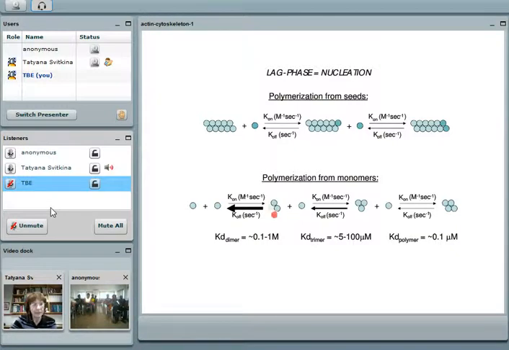Yet there is some probability that this dimer encounters a third subunit and they make a trimer. Now this complex is a little more stable because each monomer has 2 bonds. That's why the dissociation constant is not as great as for a dimer, but still much higher than for this monomer in a filament, because it contacts 3 monomers.